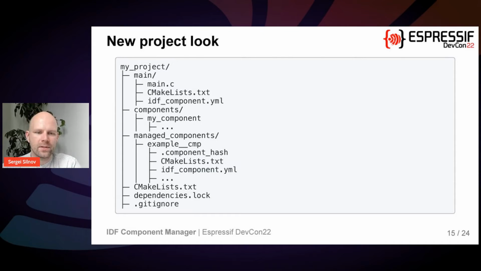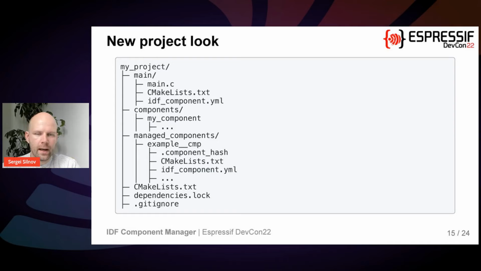Another file that was added is a dependencies log file, which contains a whole list of dependencies generated by the Component Manager. One more file worth mentioning here is the .component_hash file in the managed components directory. It contains the hash sum of the component as it was downloaded to the managed components directory.